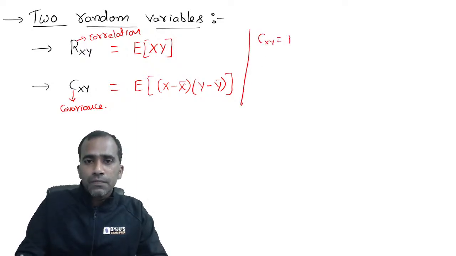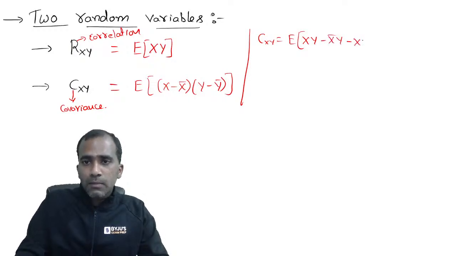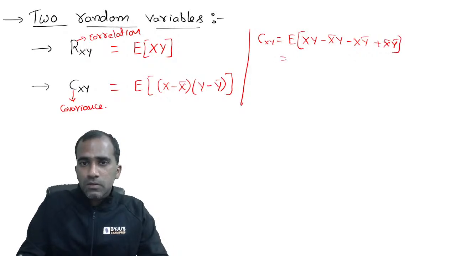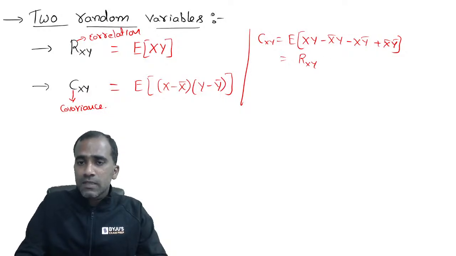Cxy is equal to expectation of x minus x bar into y minus y bar. If you expand it, it becomes xy minus x bar into y minus x into y bar plus x bar into y bar. The first part is expectation of xy, which is the same as Rxy. In the second part, x bar is a constant; if you apply expectation, this constant can be pulled outside, and expectation of y is y bar. So it becomes x bar into y bar outside. For the next term, if you apply expectation, it becomes x bar into y bar.